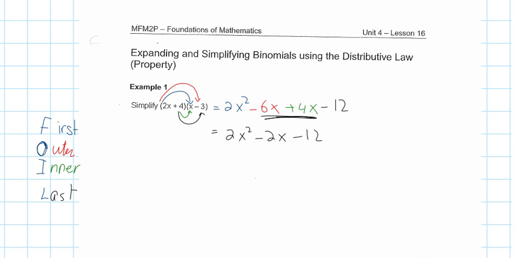Because what I did is I collected the two like terms together by adding my coefficients. So you see how negative 6x plus 4x are like terms because they have the same letter with the same exponent, right? So I take the negative 6x and I add 4x to it. That gives me negative 2x. And the rest, they stay the same. Okay? Are you okay with this?